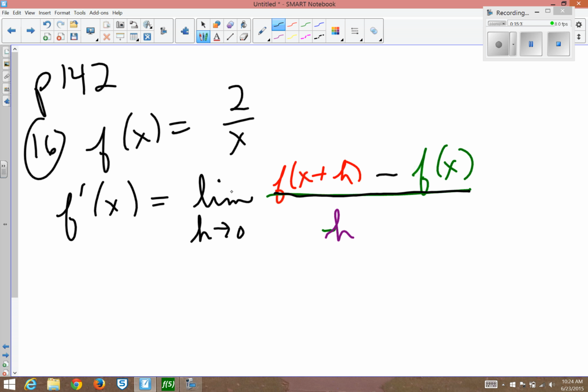In other words, it's the limit of what we called the difference quotient a little while ago. It's the limit of the difference quotient as h approaches 0. And this thing, symbolized f prime of x, is called the derivative of the function. This is the definition of the derivative.